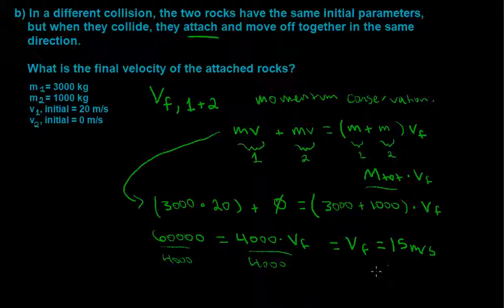So where we had the two final velocities in part A separate from each other, now we just have one big colloquial final velocity.